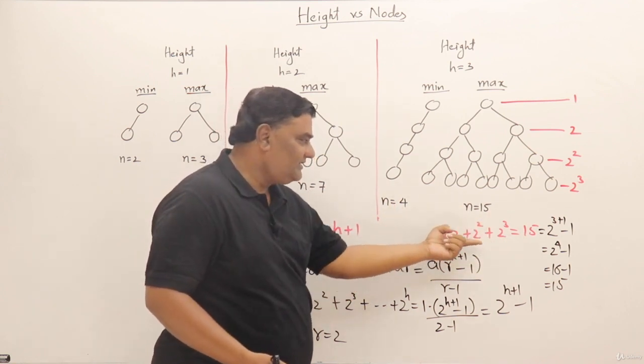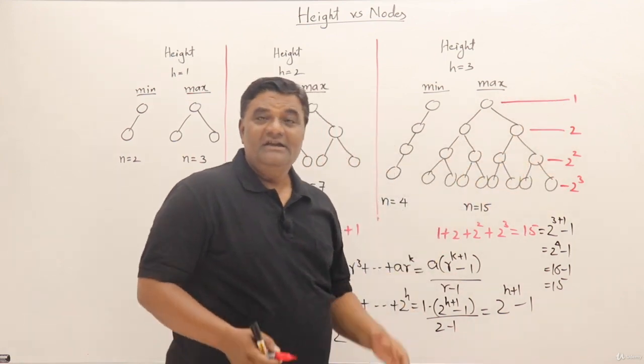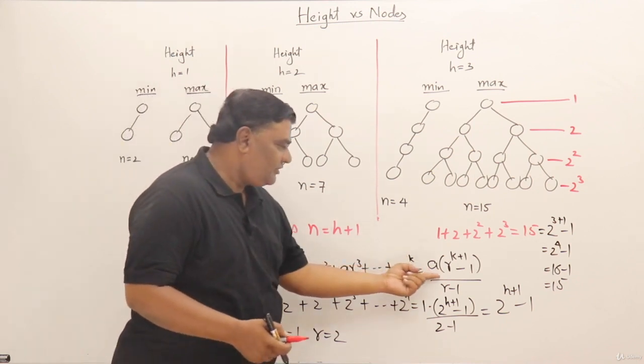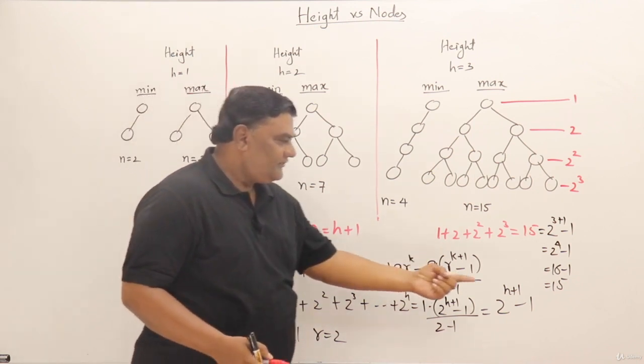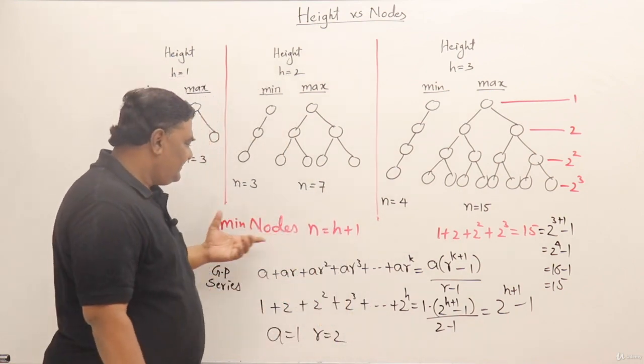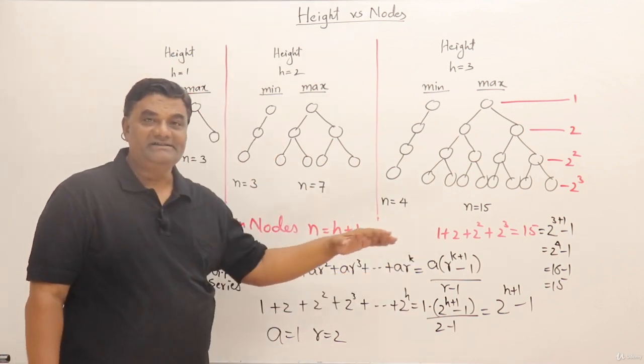So these are GP series terms. If we take maximum nodes, that is similar to this one. We already know the formula. We have used the same formula. Now we got the formula for maximum nodes. So we already have for minimum nodes. I will remove this. I will write down for maximum nodes.